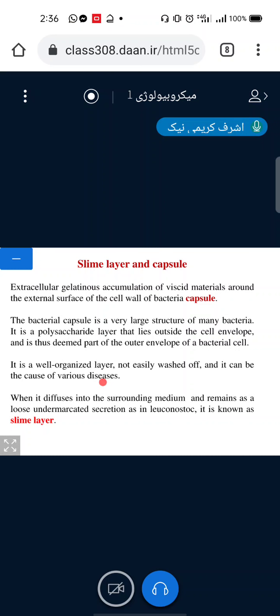You can see a capsule by specific staining with a general microscope, but you cannot see a slime layer. You can see the slime layer with an electron microscope, because a slime layer is a loose layer.